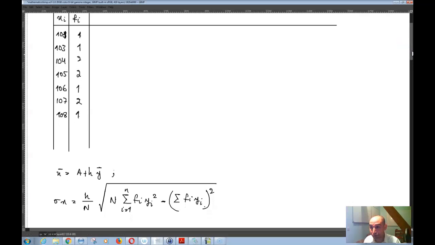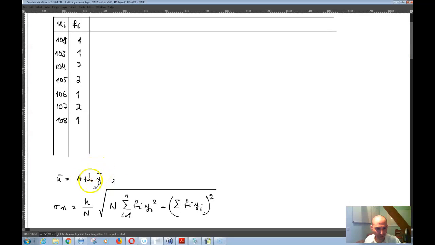Now, in order to do that, I need to calculate x bar. I need y bar, and to calculate y bar, I need y of i. And we said that y of i was equal to x of i minus a over h.